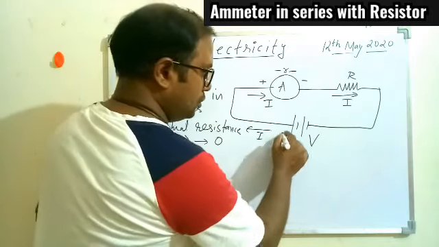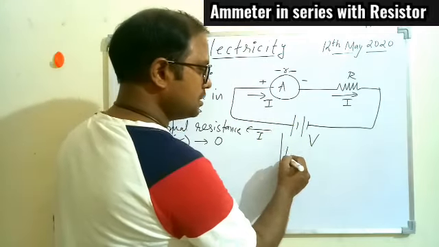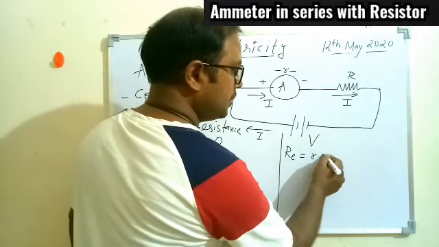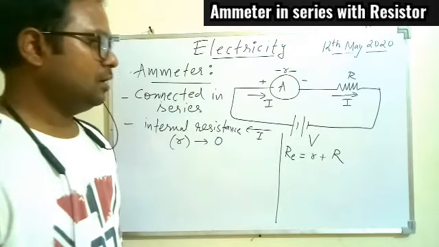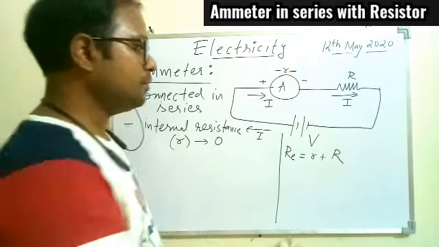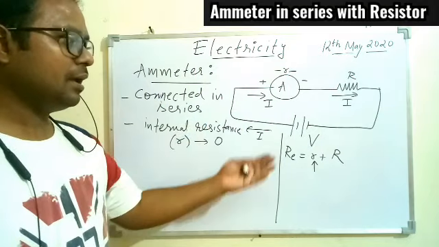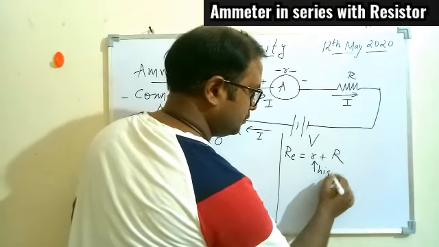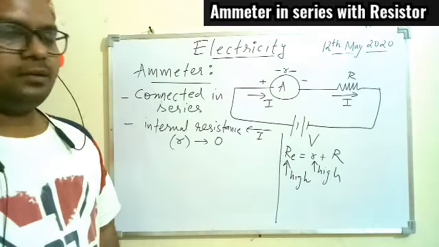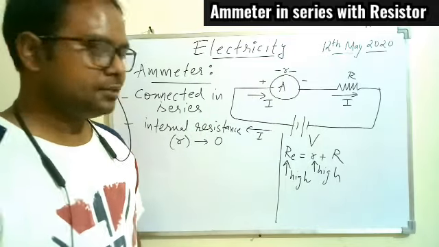If the ammeter and resistor are connected in series, then the total resistance in the circuit will be how much? R equivalent, Re, will be small r plus capital R. We know in series combination the resistances get added. So if the resistance of the ammeter is high, what will happen? The equivalent resistance will also go high. Yes or no? The overall resistance of the circuit will be affected because of the ammeter.